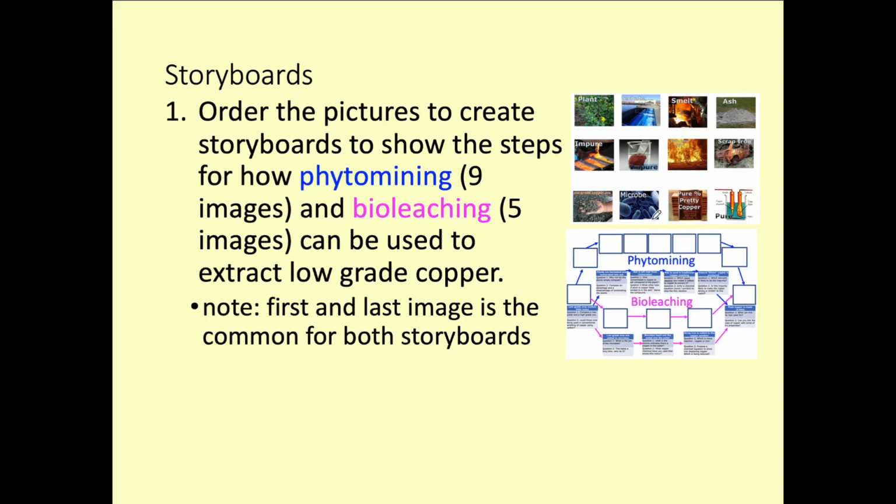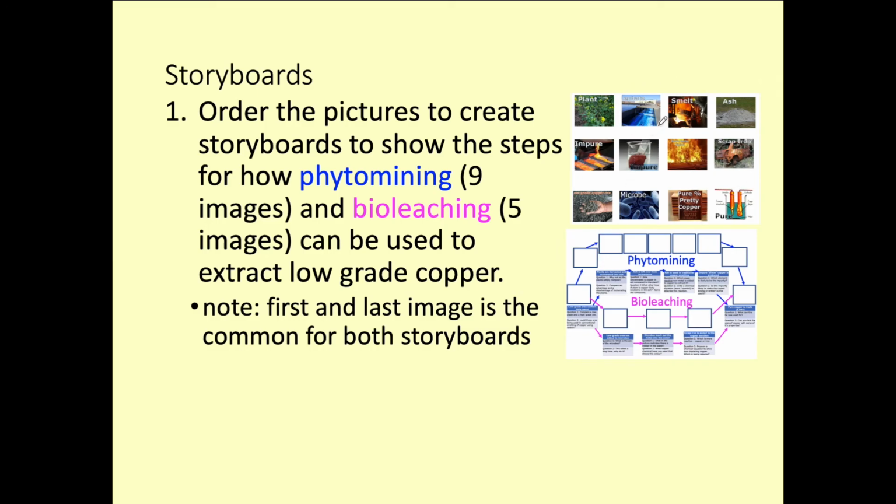So your next and final activity is to create some storyboards. On Grow for Schools there are the images that you can see there, but I've also done a template for you with the text ordering these processes, and then what you need to do is order these 12 images.